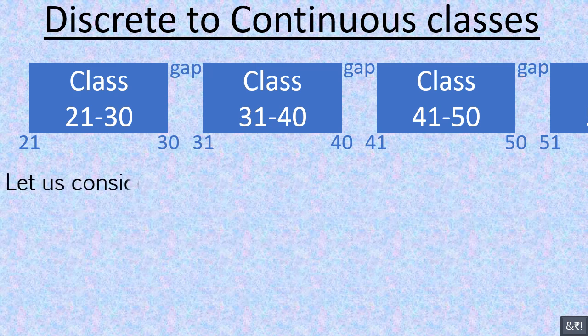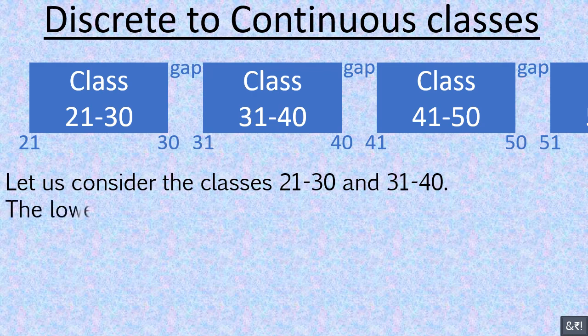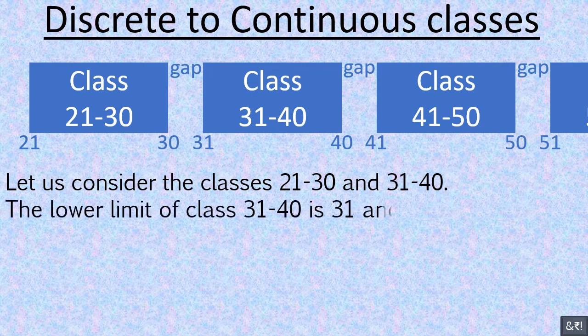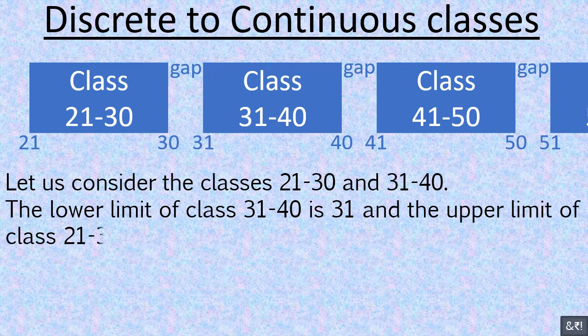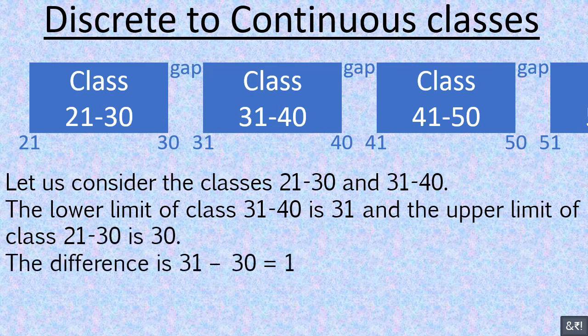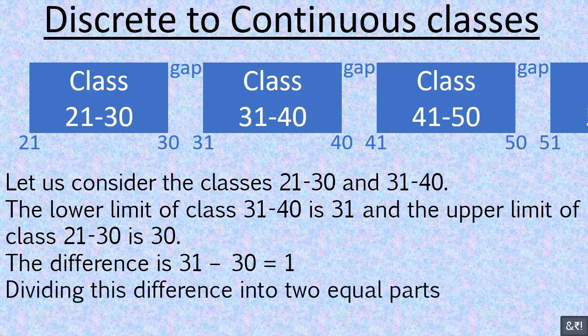Let us consider the classes 21 to 30 and 31 to 40. The lower limit of class 31 to 40 is 31 and the upper limit of class 21 to 30 is 30. The difference is 31 minus 30 equals 1. Dividing this difference into two equal parts, that is, 1 divided by 2 equals 0.5.